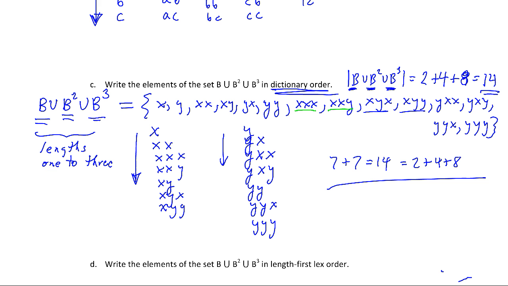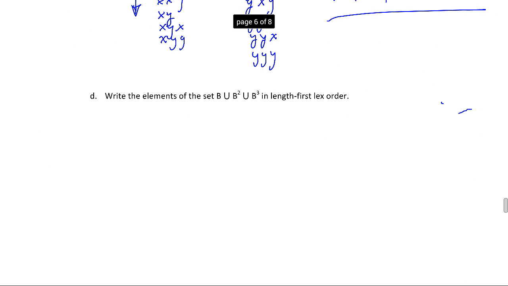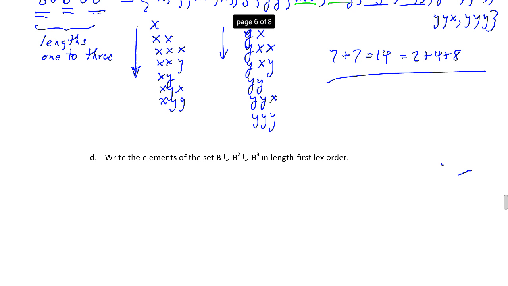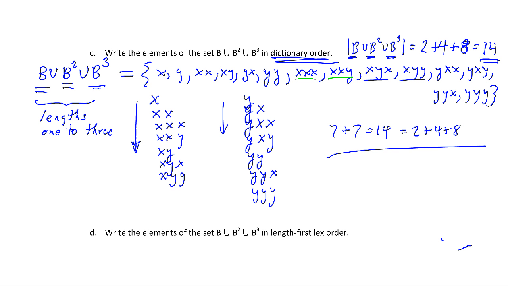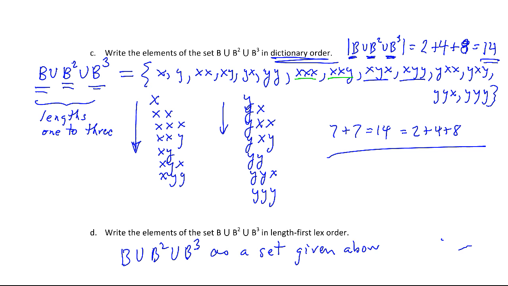Finally, I'll try to go quick here. I know this video is getting long. I'm going to do the same set in length first Lex order. And actually, that's the order that I made the set up here. B union B squared union B cubed as a set given above is in length first Lex order already.